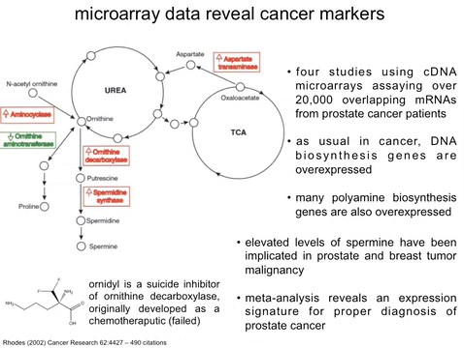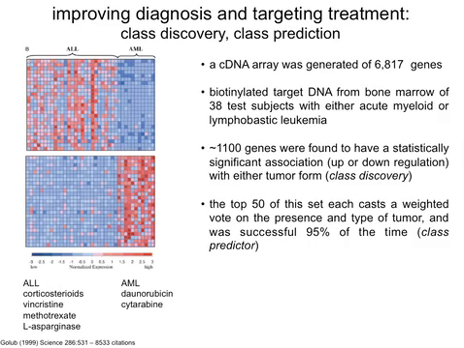All right. On to another example. In this case, we're talking about class discovery. So how can we define the gene expression profile that describes a particular tumor type, and can we use that definition to predict what the tumor type is based on gene expression of an undefined tumor?